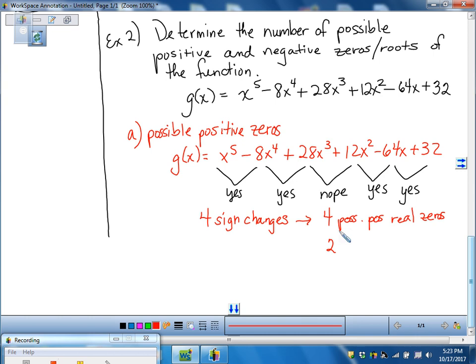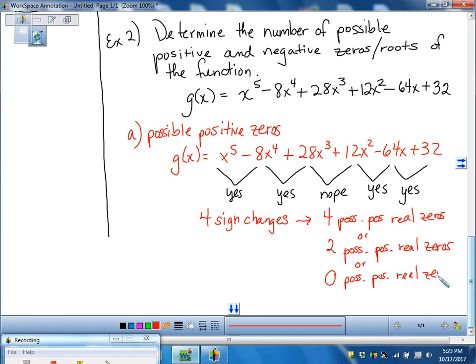So we might only have 2 possible positive real zeros. Or there's even a possibility that if I go down by an even integer again, that I might have 0 possible positive real zeros.